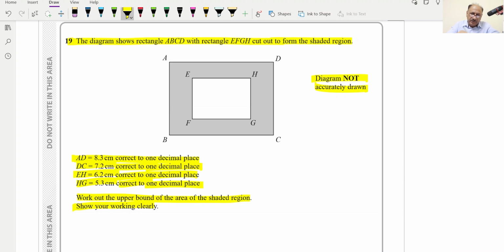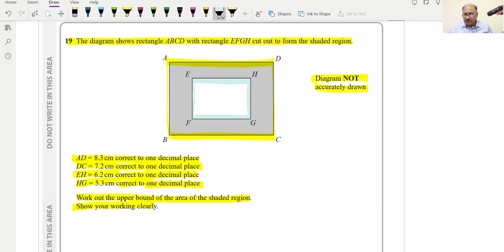AD is given as 8.3. We require the upper bound of the bigger outer rectangle, and the smaller size of the internal rectangle, so that we get the maximum shaded area.